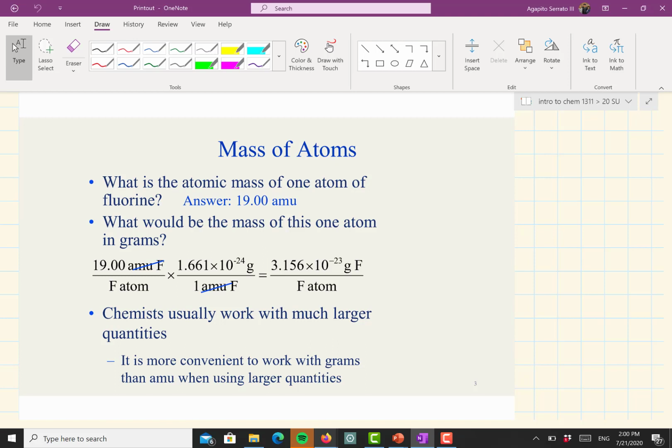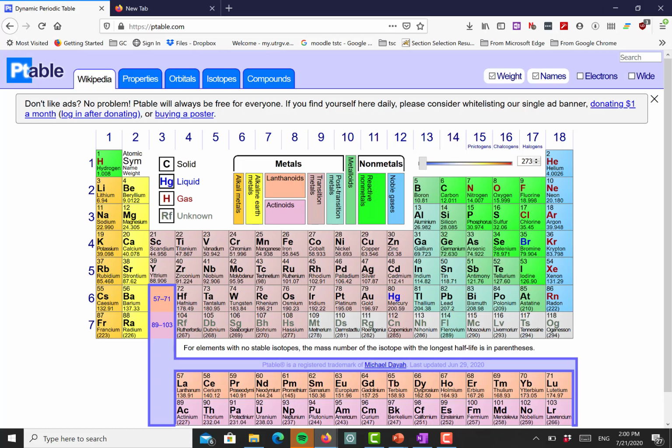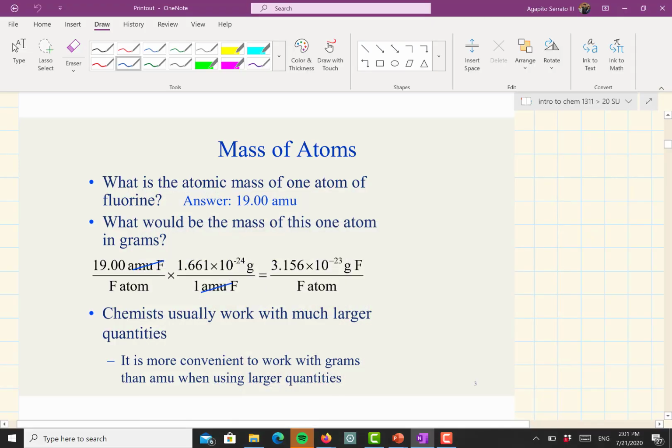Like, for example, here, what is the atomic mass of one atom of fluorine? Well, the answer is 19. When we go back and check it on the periodic table, fluorine weighs 18.998 AMU. I mean, we round that up. This is more or less equal to 18.998 AMU.